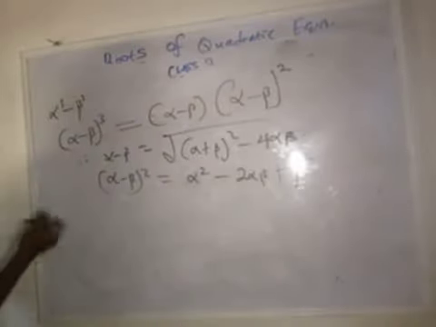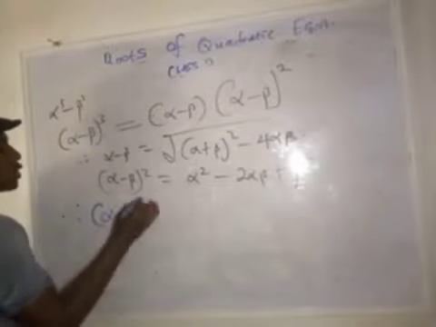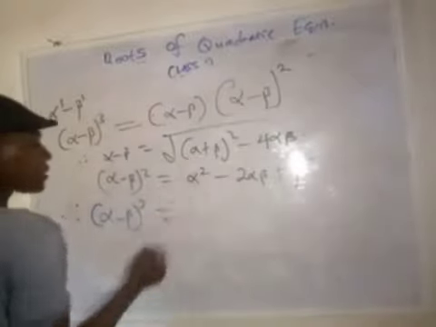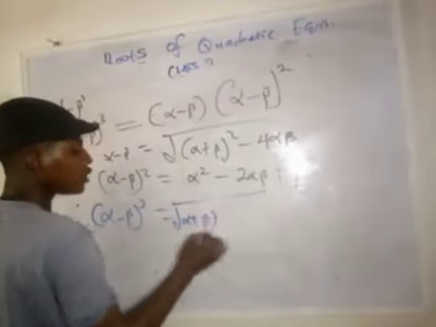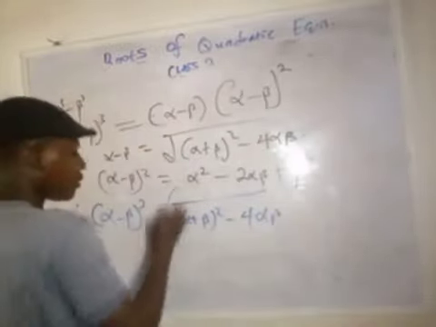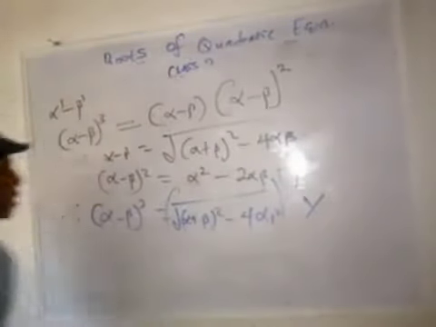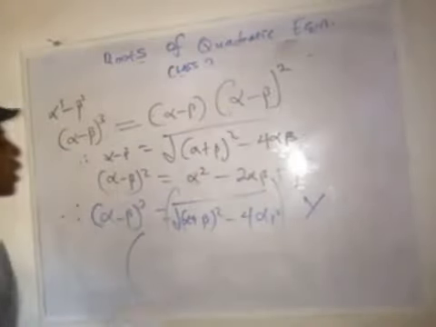And therefore, we are going to be getting something like this. Alpha minus beta raised to power 3 will now be equal to, since my alpha minus beta is this, the square root of alpha plus beta squared minus 4 alpha beta, right? Close bracket, open another bracket, multiply by another bracket here. Now, what is alpha minus beta squared?